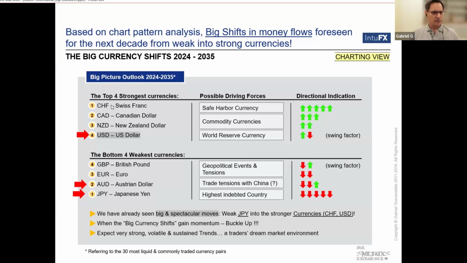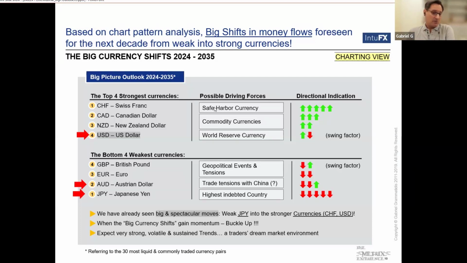So if the Swiss is strong and the yen is weak, we would like to trade the Swiss yen long, right? Etc. So we can make these combinations and know, okay, this should trend up or it should trend down. So Swiss should be the strongest currency over the next 10 years. That's the big picture outlook and the currency shifts associated to that.